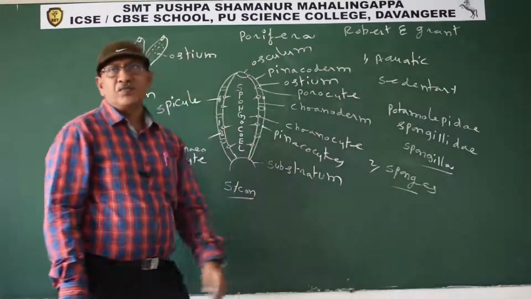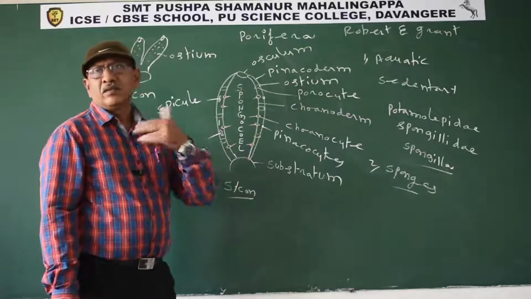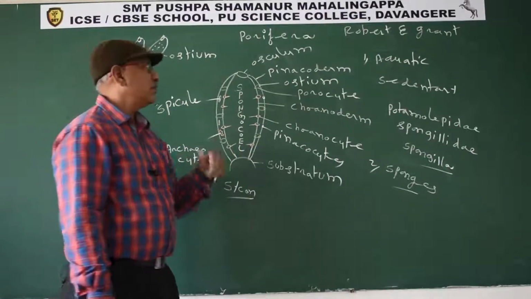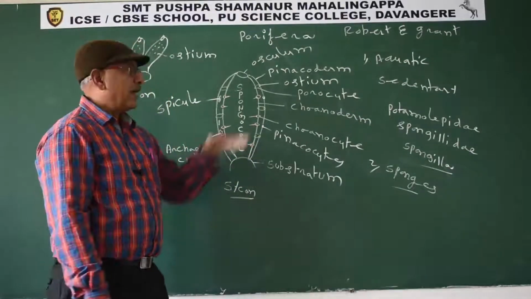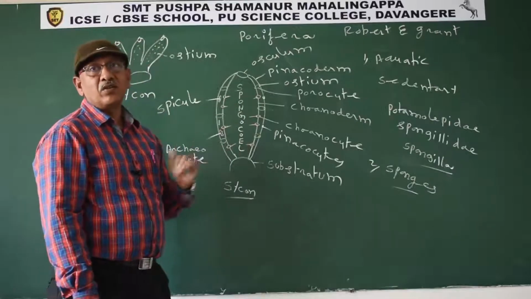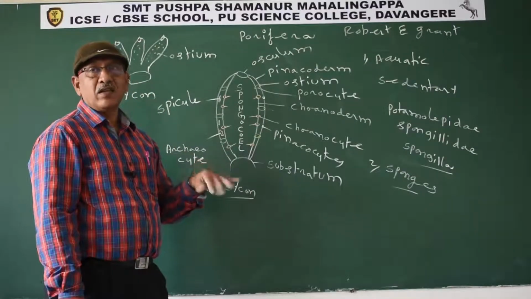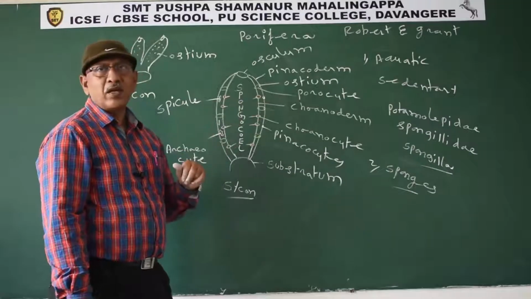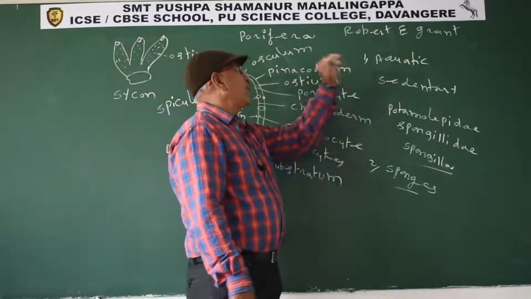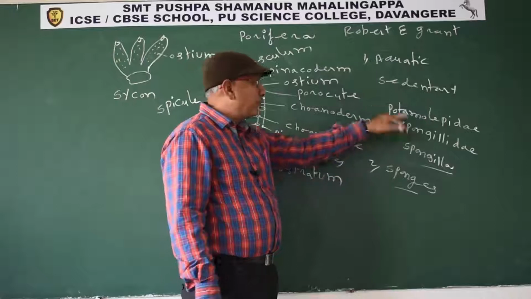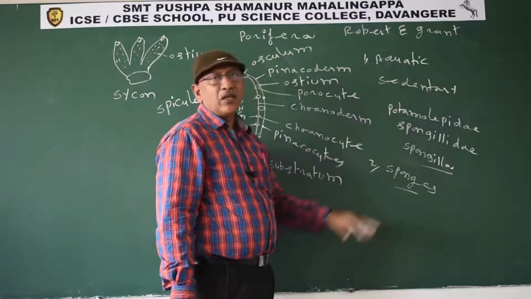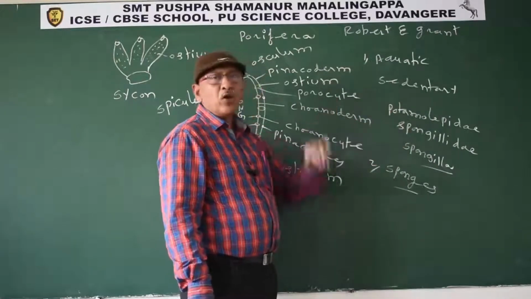First point is all are aquatic. Aquatic means they live in water. Sedentary, attached to the substratum. Sessile is also the same in zoology, also attached to the substratum. Most of them are marine except members of the family Potamolepidae and Spongillidae.